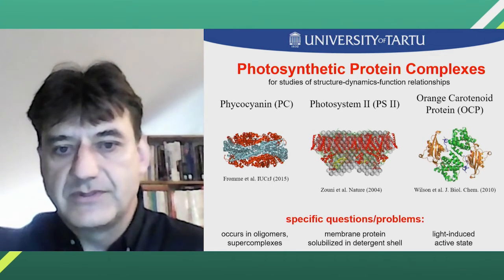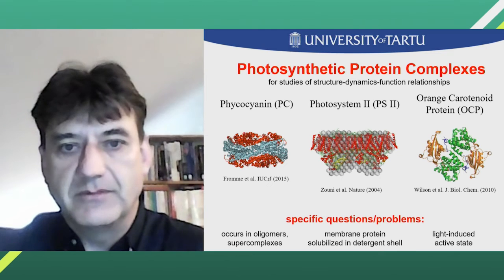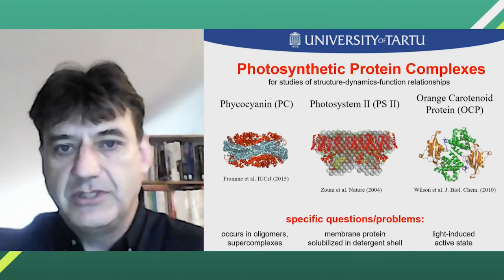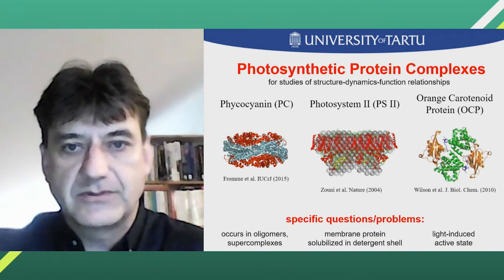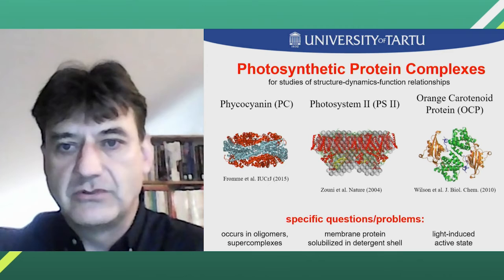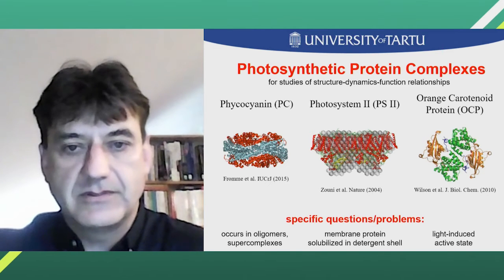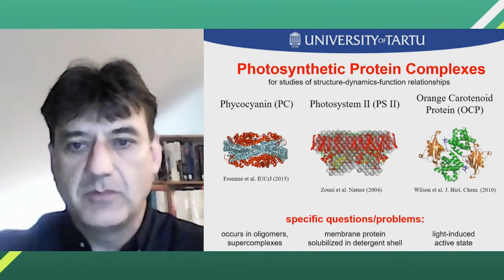Then the photosystem II is a membrane protein, and to isolate such a protein for functional studies requires the use of detergent molecules, so that it can be isolated in aqueous solution, which makes it a more complicated problem.